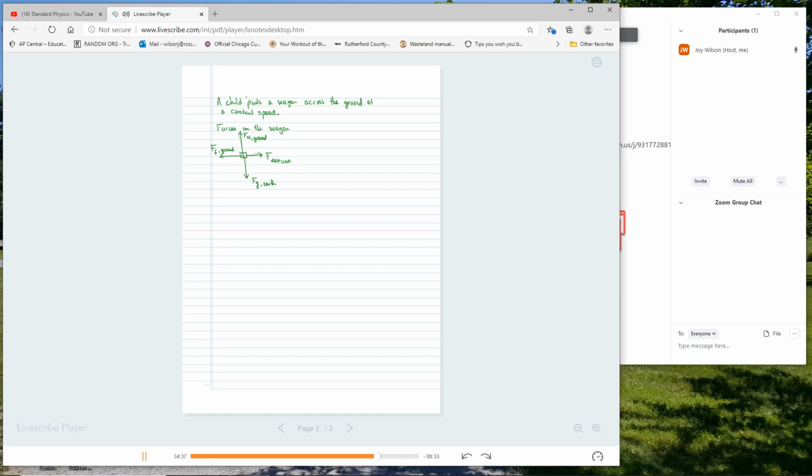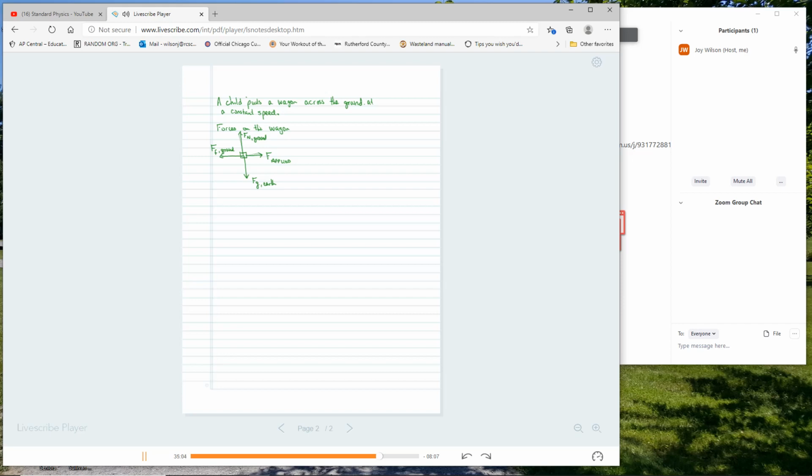But to move at a constant speed, let me throw out one of those other laws at you. There's two more laws. We're not going to do them all today. Newton's first law, in summary, says if the forces are balanced, you keep doing what you're doing.